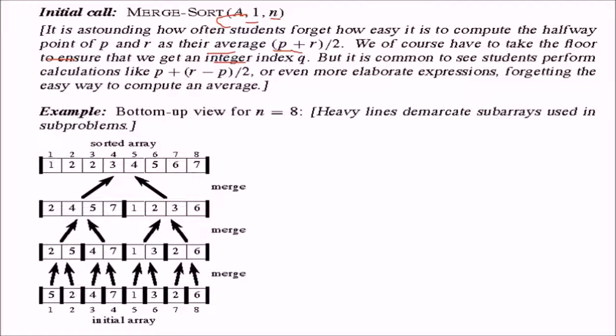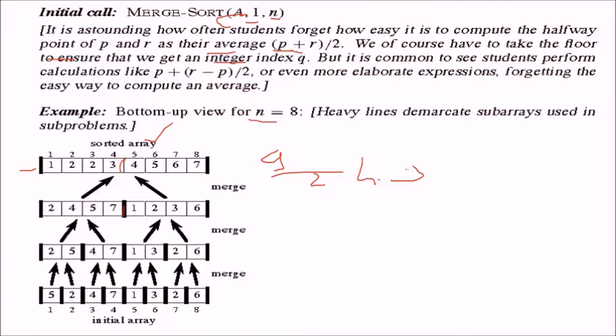Okay, so here is the bottom-up view for n equal to 8. These heavy lines demarcate the subarrays, the subproblems. These are the lines which are subdividing it. So this is the array. We divide it: 1 plus 8 by 2, that is 9 by 2, which gives us 4.5.